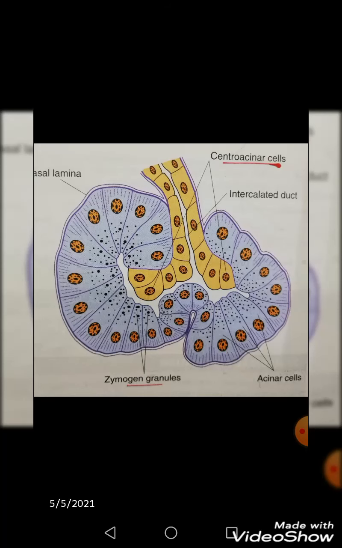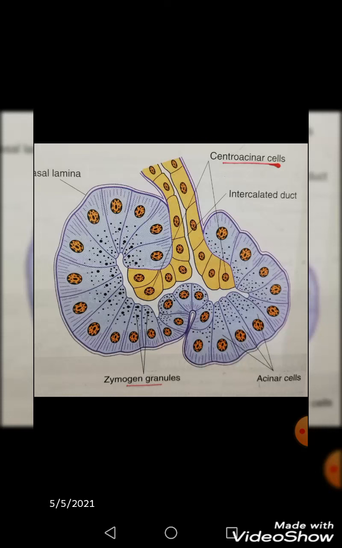They are the initial cells of the duct system that is going to start from the center of the acinus. These centroacinar cells are low columnar, you would say, or squamous variety, and they don't have zymogen granules in them, so they stain pale.